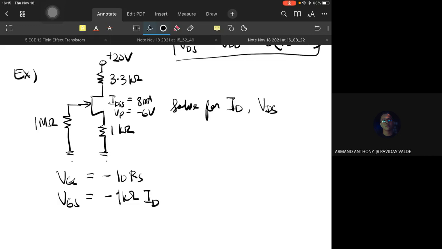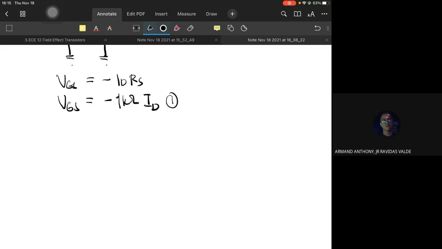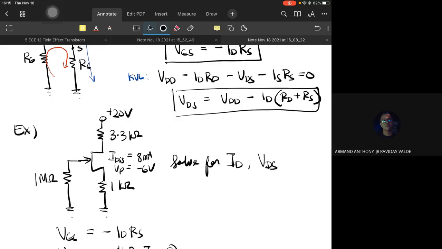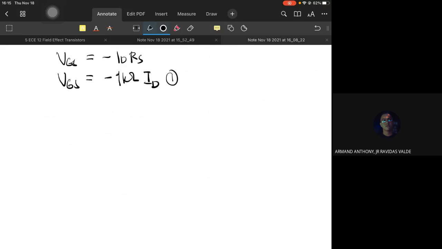Equation 1. Equation 2 is not this one, but we use the Shockley equation. ID is equal to IDSS quantity 1 minus VGS over VP squared.